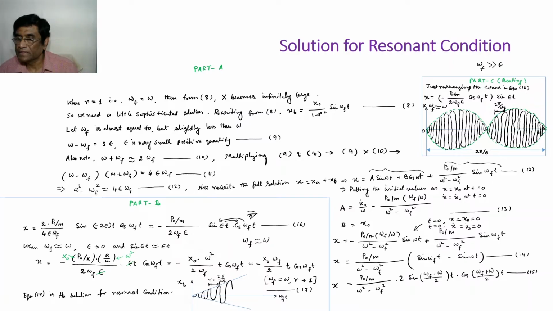The period of oscillation is 2 pi by epsilon, which is a large time period because epsilon is small. Within this envelope you see the cosine oscillation taking place many times, starting from negative and going on oscillating within this envelope.